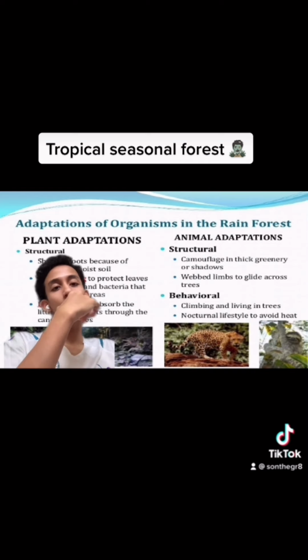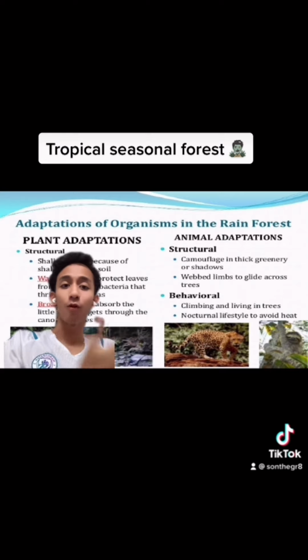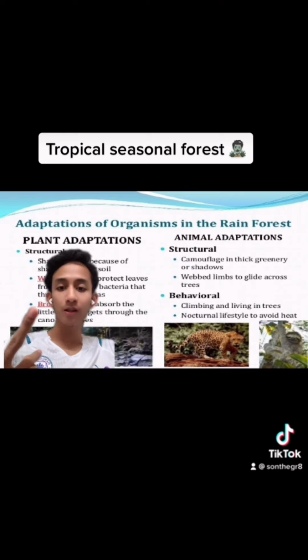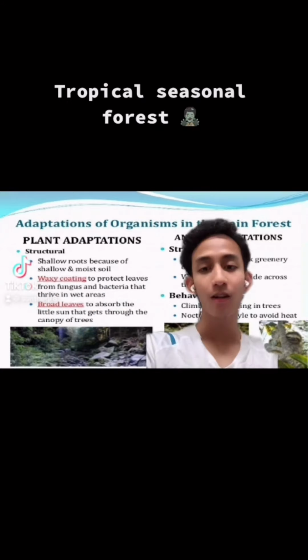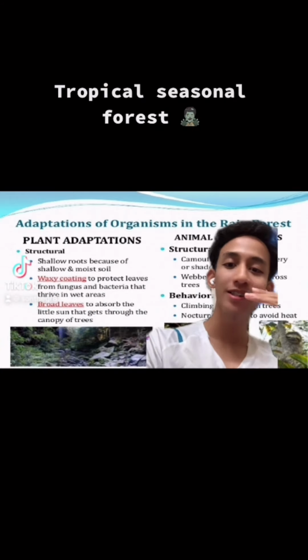Another example of animal adaptation is camouflage, mimicry, having a limited diet, and being poisonous.